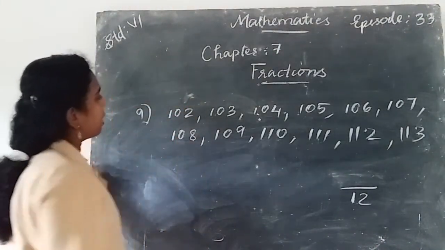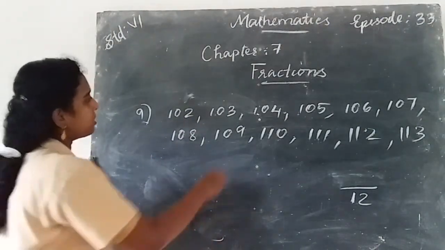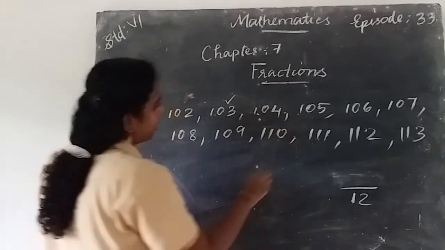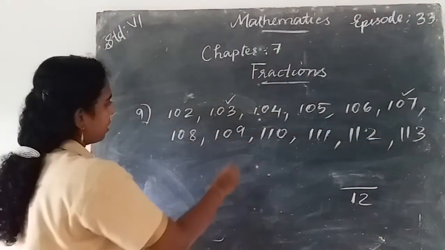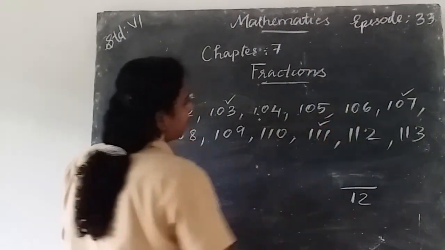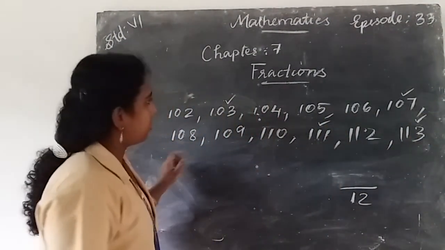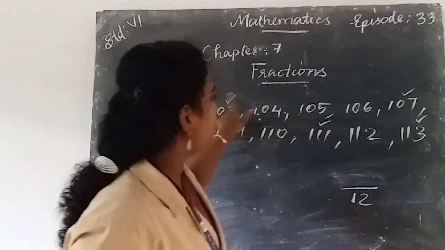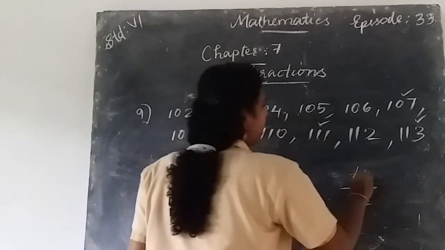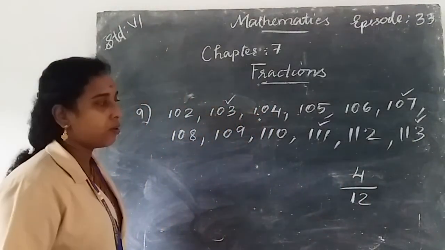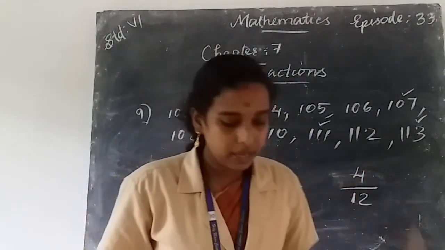Here we can see that 102 is an even number, so it has more than 2 factors. 103 is a prime number, and also 107, then 111, 113. So how many prime numbers are there? 1, 2, 3, 4. 4 prime numbers are there. So write the number of prime numbers as the numerator. So we get 4 by 12. So the fraction is 4 by 12.